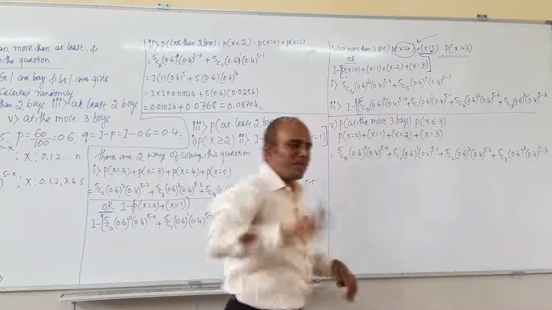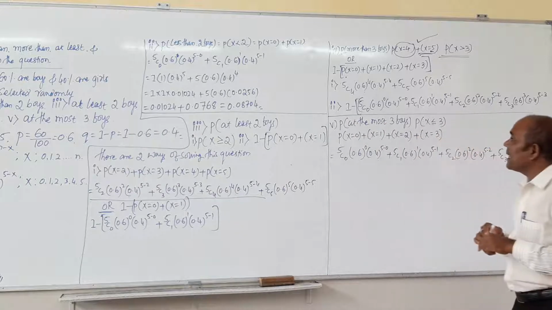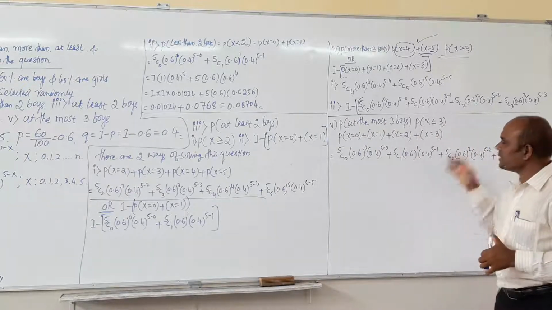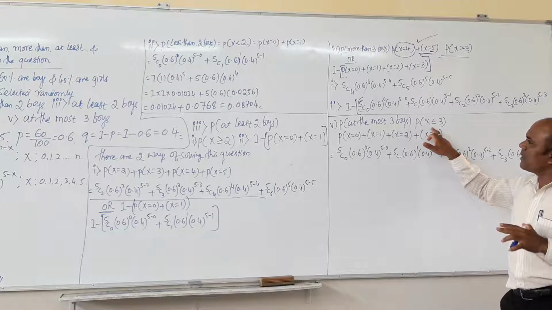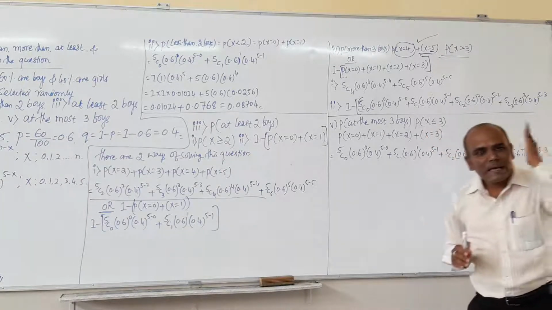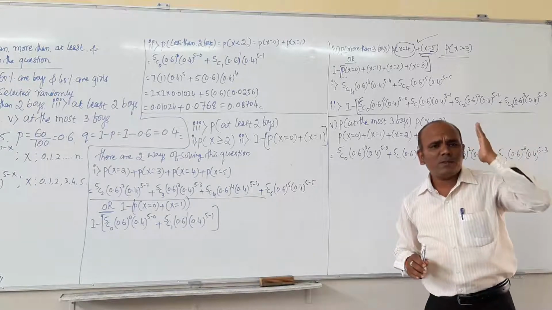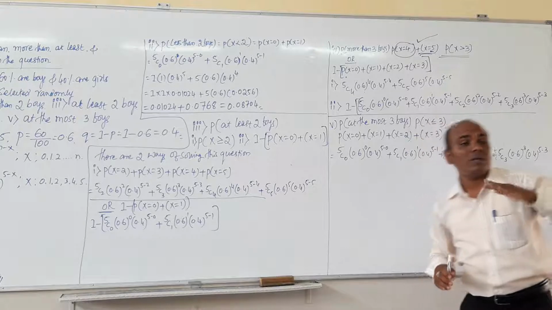minus that result. Then the last question is, if they ask at the most 3 boys, then it means as per their perspective, in that team of 5 students, at the most 3 boys must be there, not more than 3.